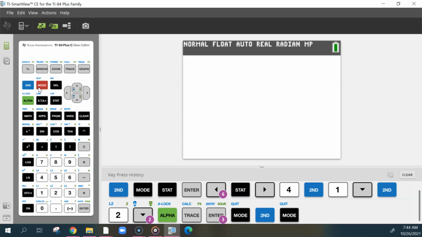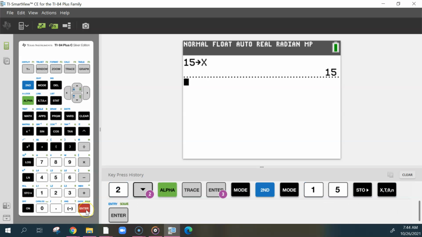It wanted me to find when the girl is 15. So I'm going to store 15 for X, 15 STO, then press X by alpha. Press enter.